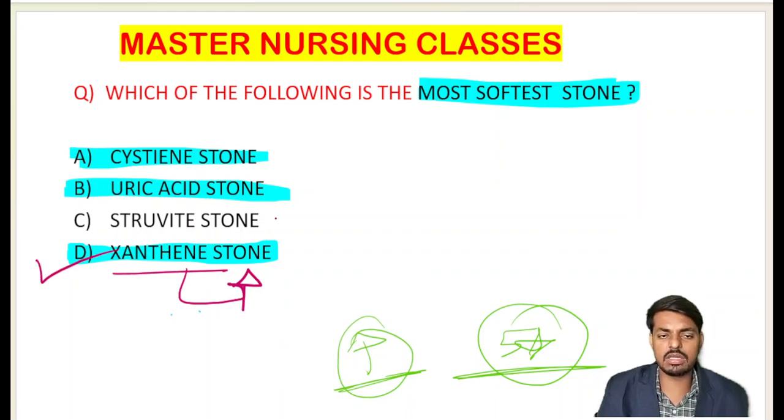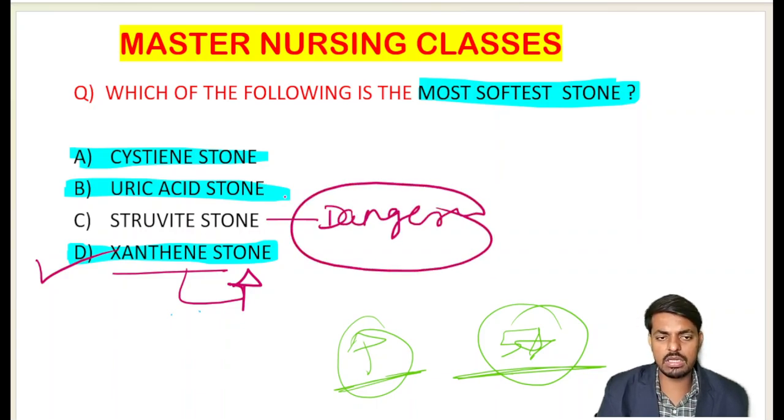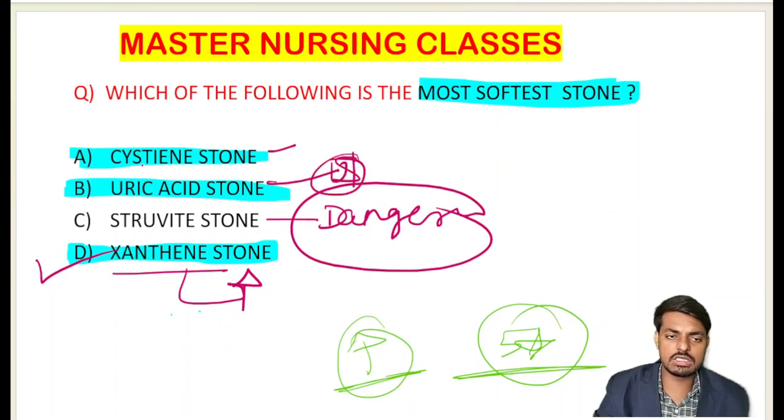And the struvite stone, what we also call the Staghorn stone and the post-infectious stone, is what we call the dangerous stone. So softest is the uric acid stone, and the hardest is the cystine stone.